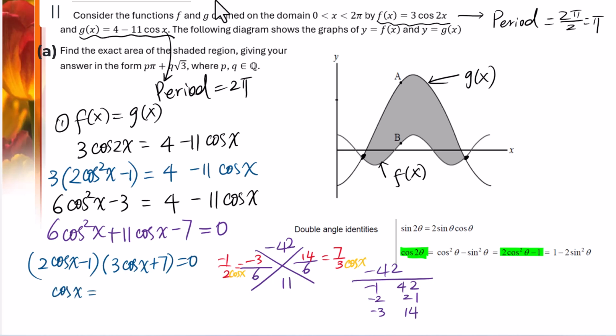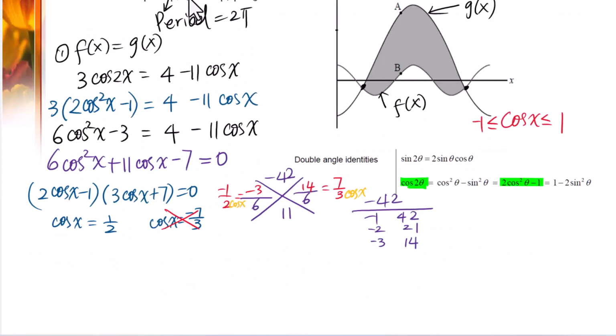Cosine x equals 1 over 2, or cosine x equals negative 7 over 3. We will cross this out because cosine x is greater than or equal to negative 1 and less than or equal to 1. For cosine x equals 1 over 2, let's use All Students Take Calculus and the reference angle.